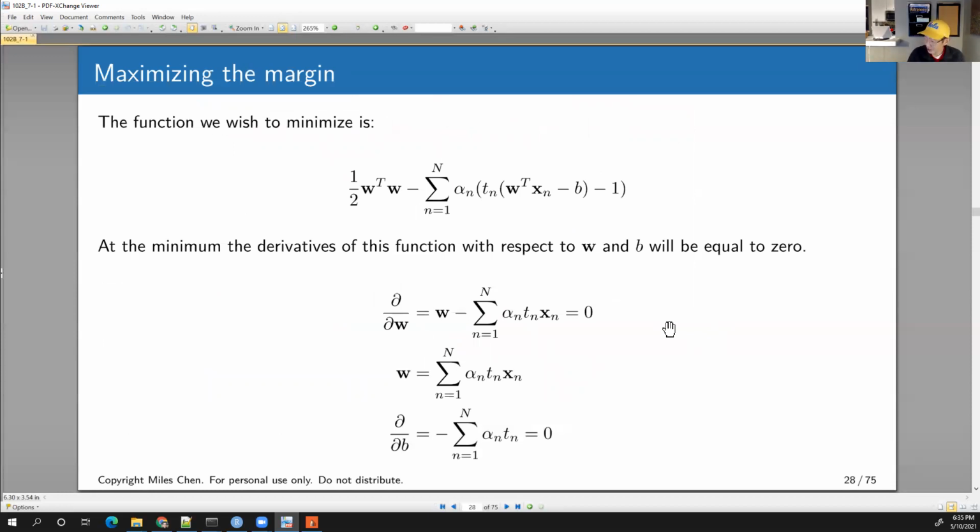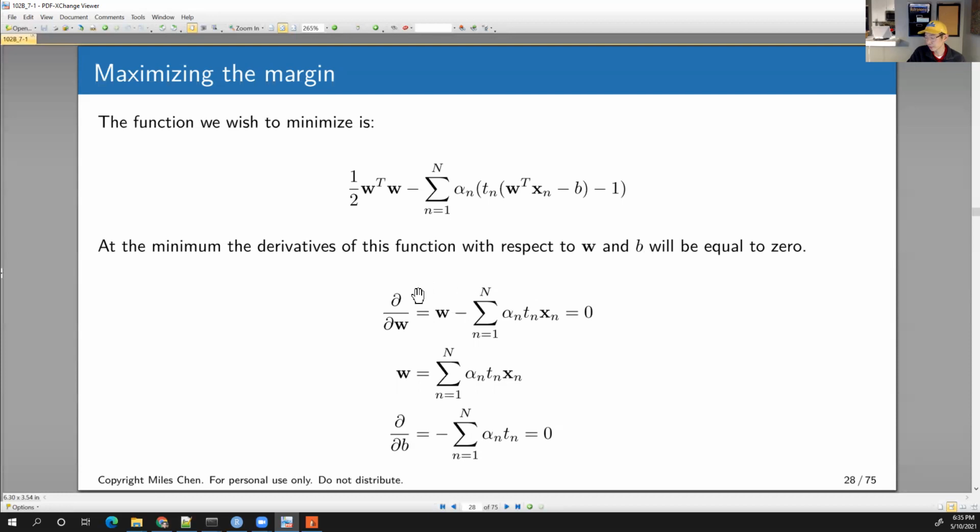Okay, and we'll go back to maximizing the margin here. We want to minimize this thing, and we said we can do it with quadratic programming. One thing to note is that at the minimum, the derivatives of the function with respect to W and B will be equal to 0.